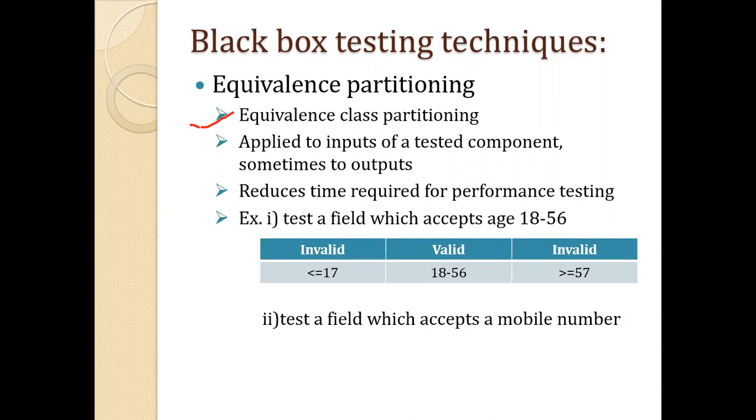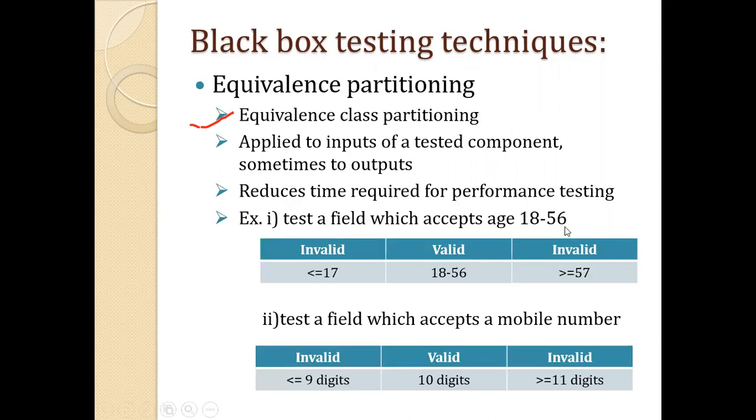Okay, I will tell the answer. So here, for the mobile number, if it is a 10-digit one, then only it will be considered valid. If it is less than or equal to 9 digits, we will take it as invalid.